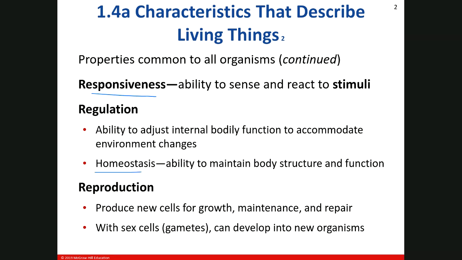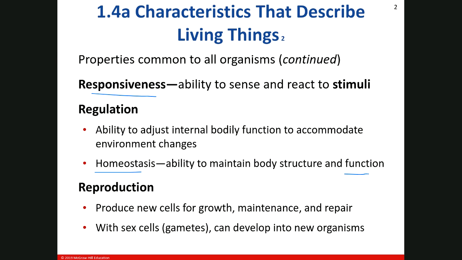So when we talk about homeostasis, about our body's ability to maintain proper function, especially physiological functions, maintain our normal body temperature, digest food properly, circulate blood properly. Take blood pressure, for example. We have to be able to maintain that normal range of blood pressure.